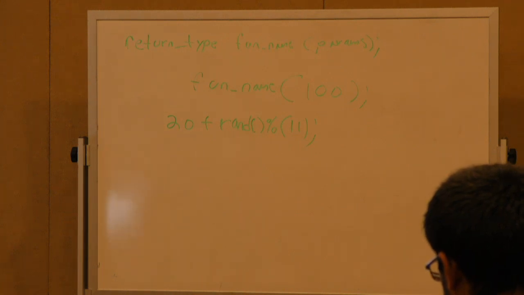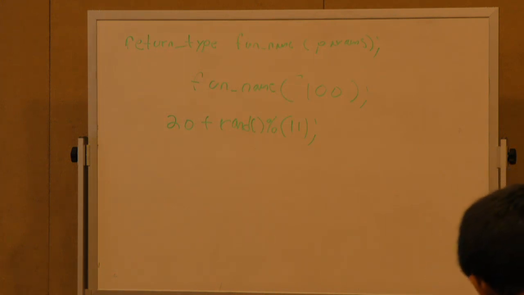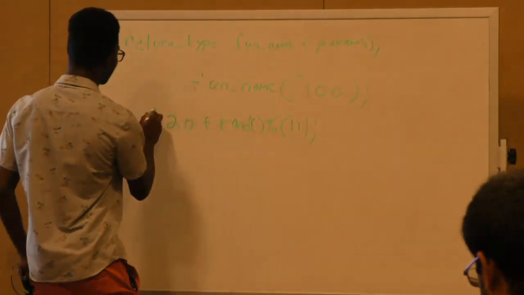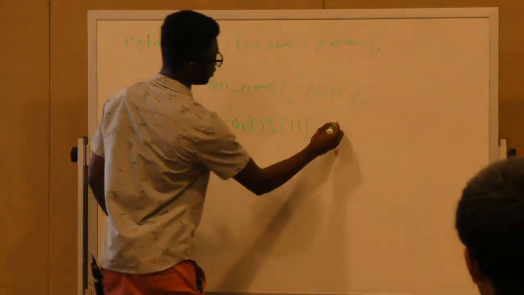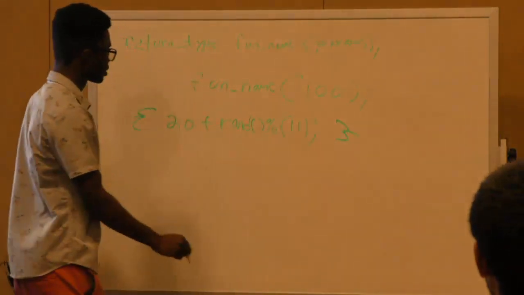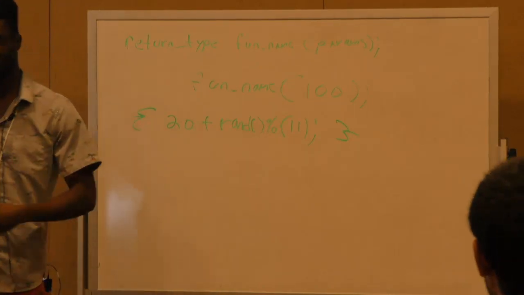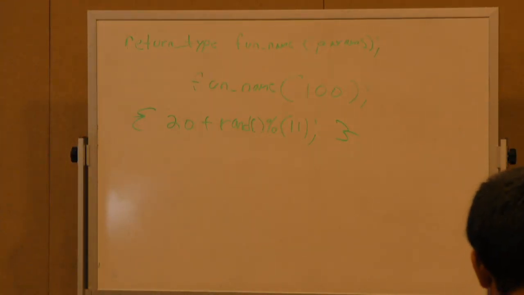All the auto type states is that your variable is local to the block that it exists in. A block is anything in between two braces. So if we had a variable declared in between two braces, that variable would automatically get the auto storage class associated with it.